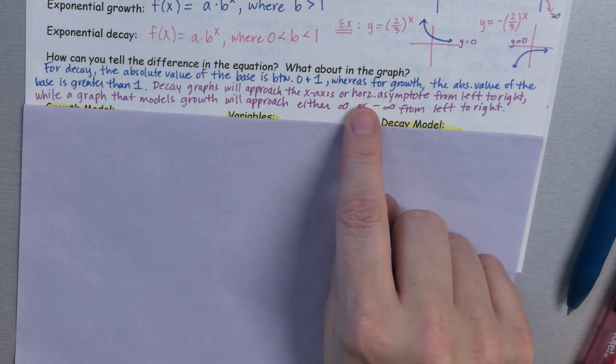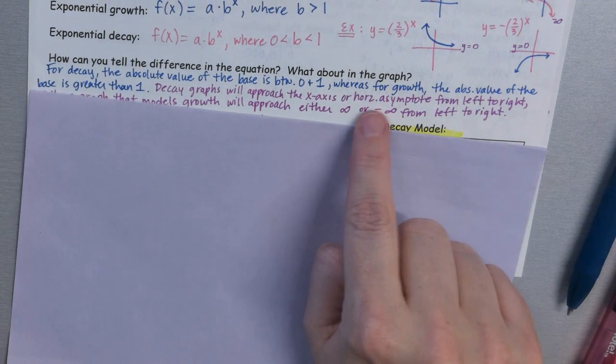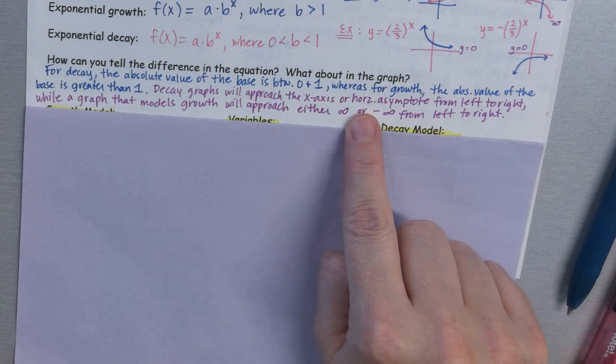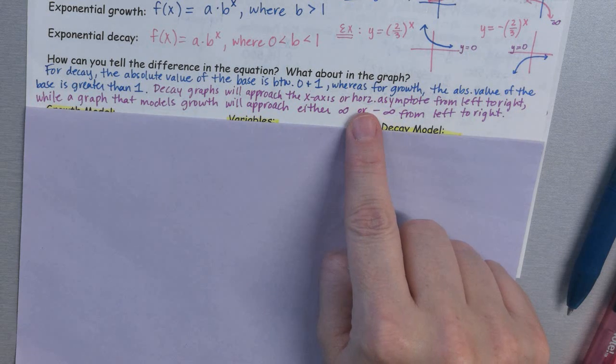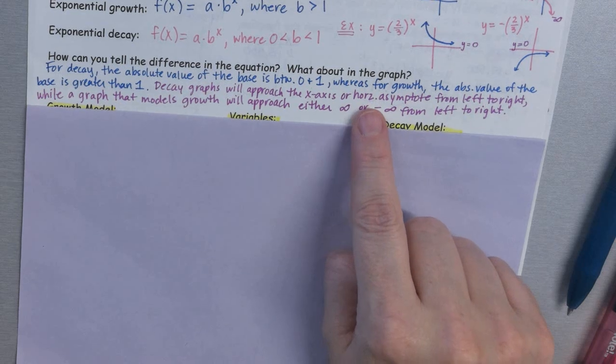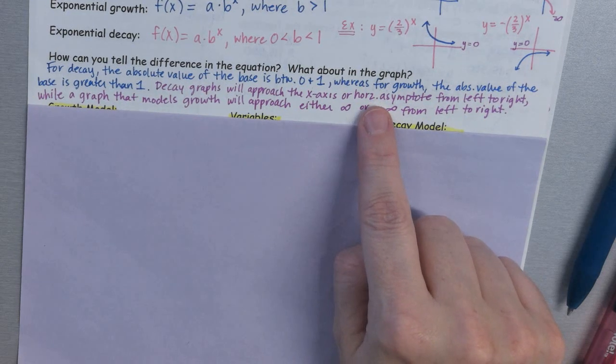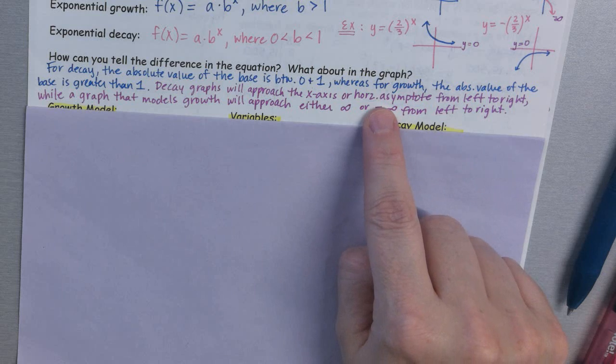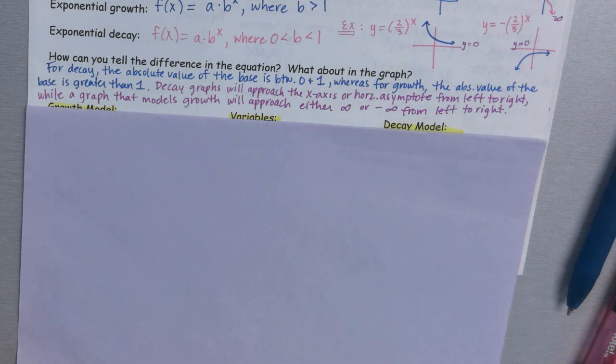But really, that x-axis in both of these cases is the horizontal asymptote. Decay graphs are going to approach the x-axis or the horizontal asymptote from left to right. Today we're getting those basics down, and then we are going to expand those.